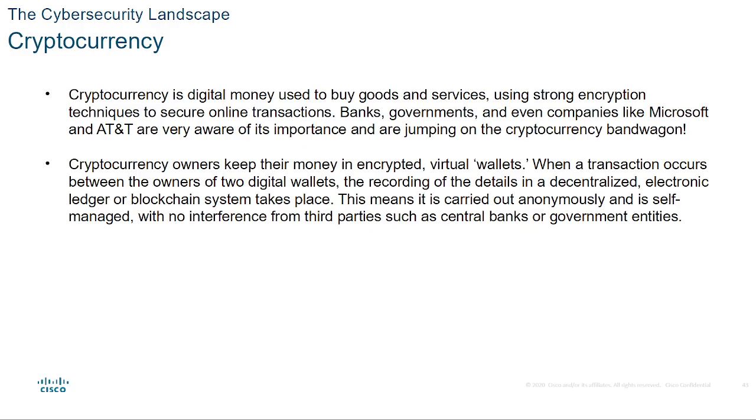When a transaction takes place between the owners of two digital wallets, the recording of the details is decentralized. This means it is self-managed, with no interference from third parties such as central banks or governments.